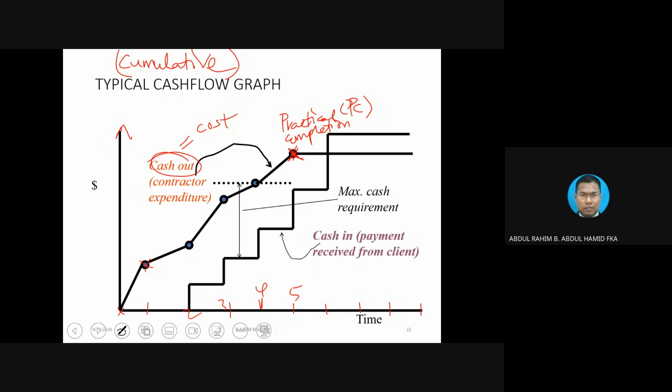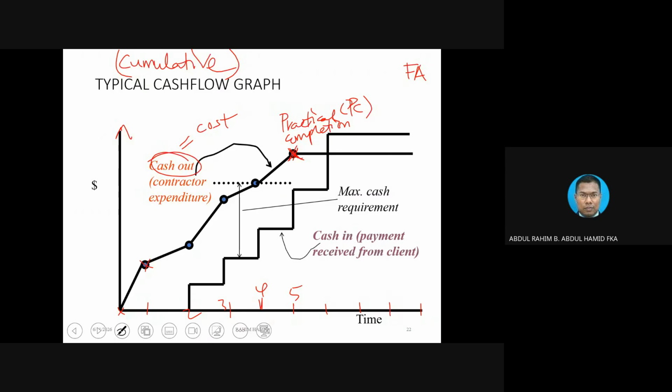In a bigger project, it could go up to 1.5 years. That's what we call the defect liability period. And only after the defect liability period, plus some extra time given to repair all the final defects, you have the final account, FA.